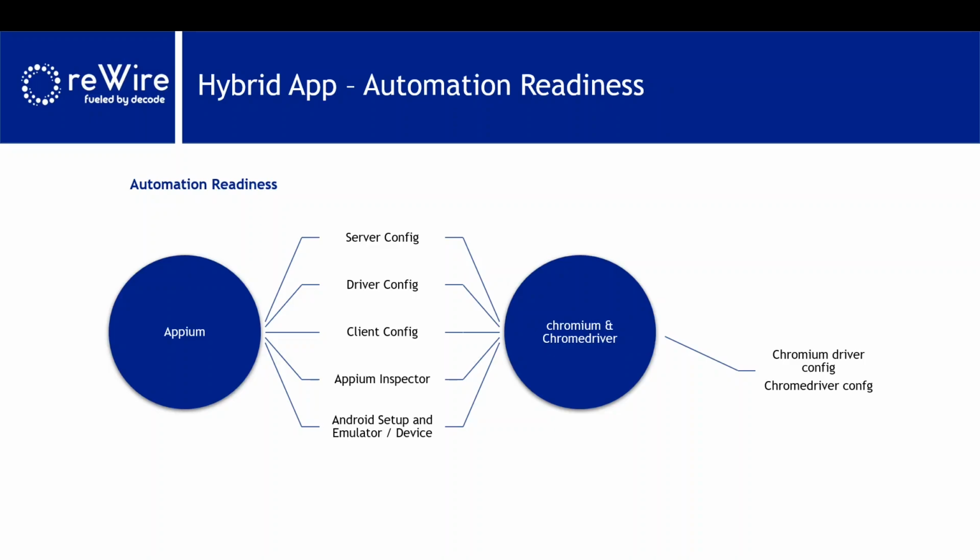Okay, so one is we have to install Chromium, that comes with the Appium command line interface, which you can do. And the Chrome driver, you might have come across Chrome driver while doing Selenium web automation, right? So the same driver has to be installed.